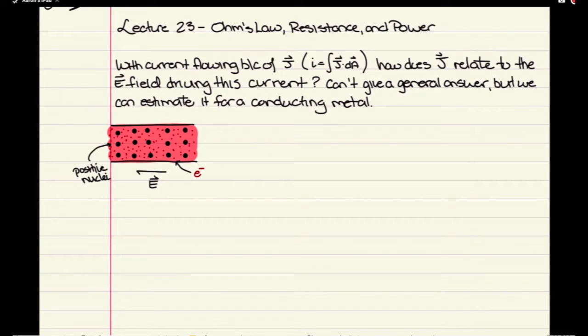So we're going to make a couple of assumptions that we will then justify. We're going to say the electrons are the only things that are free to move.